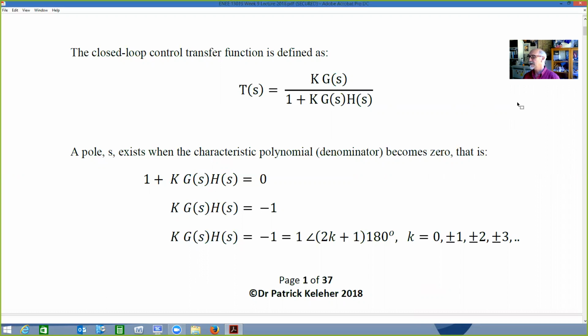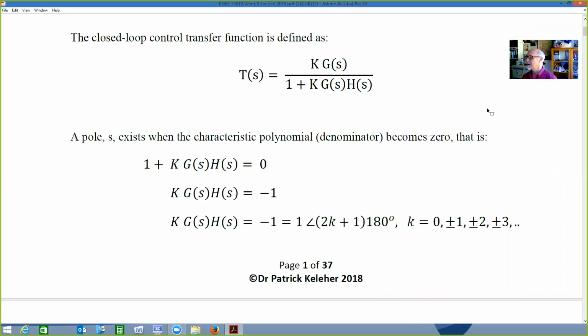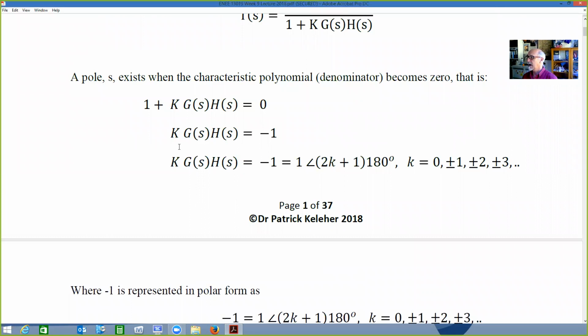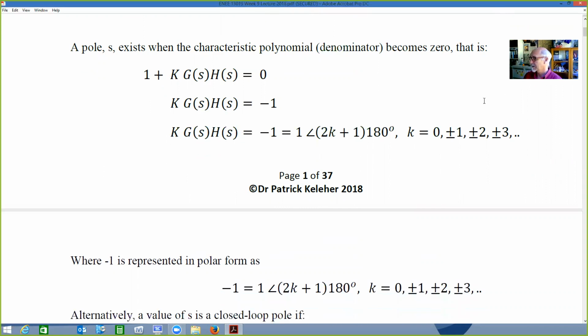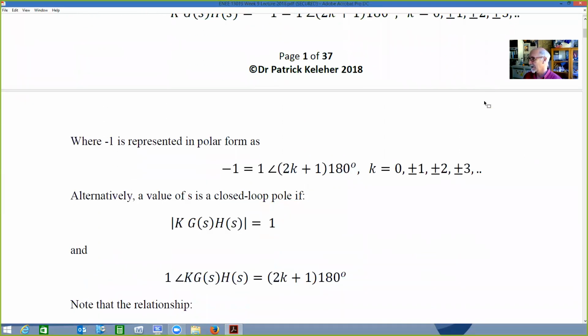So a pole, s, exists when the characteristic polynomial, in other words the denominator, becomes 0. So we can equate that to 0, rearrange that, and this is one of our working conditions. Therefore, looking at the gain multiplied by G(s) times H(s), with unity feedback, we'll be using unity feedback, then we can start looking at the manner of these kind of plots, basically looking at loci.